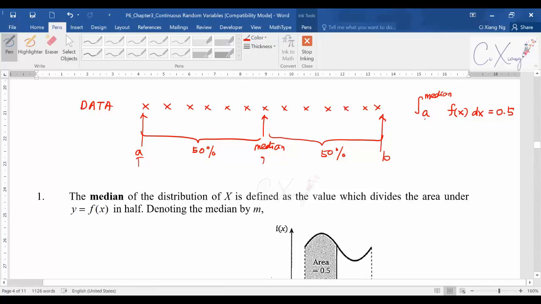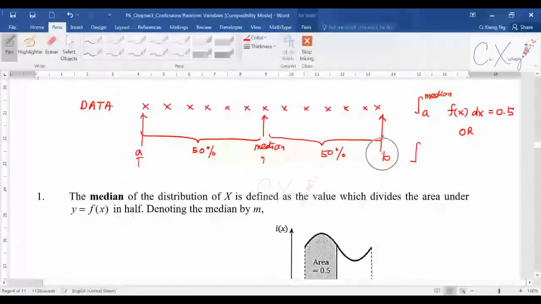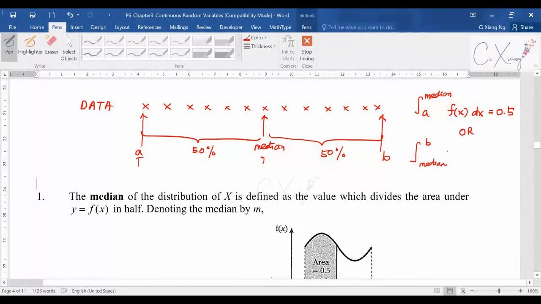So you write it like this: the smallest value is a, integrate until the median for the function that is given, and it is equal to 0.5. Or the other way is you can integrate from the median to the largest value b for the function given, and let it equal 0.5.